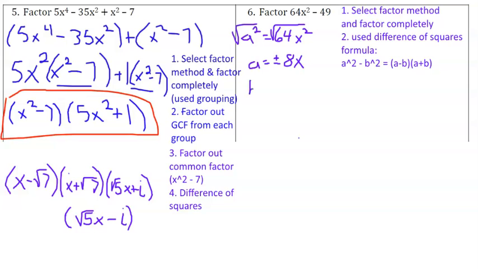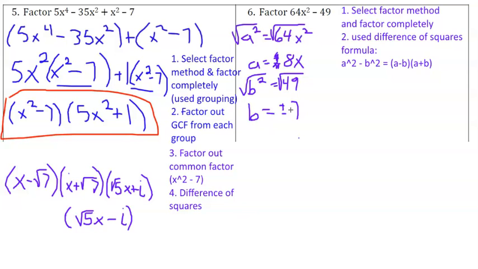And then we'll do the same thing with our b term. Our b squared is 49. And we'll take the square root of each side. So b equals plus or minus 7. Wait, this one doesn't have a plus or minus sign since there's an x.